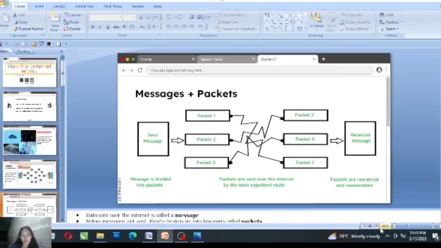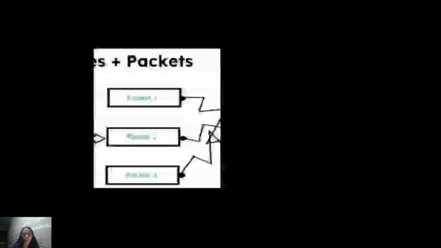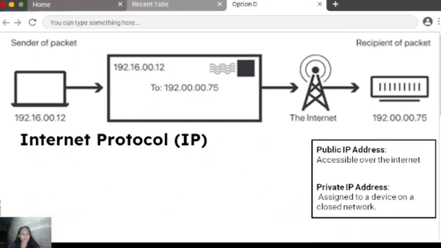So now let's proceed to the protocols. We have two types of protocols: the internet protocol, or IP, and the transmission control protocol, or TCP.